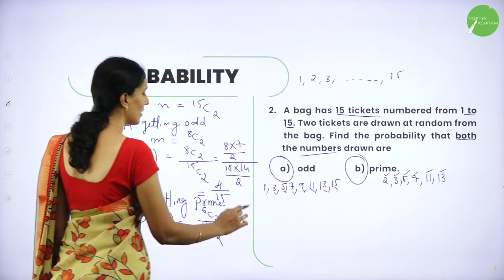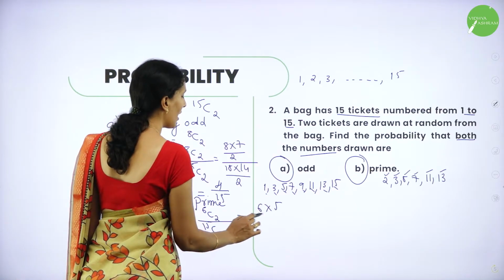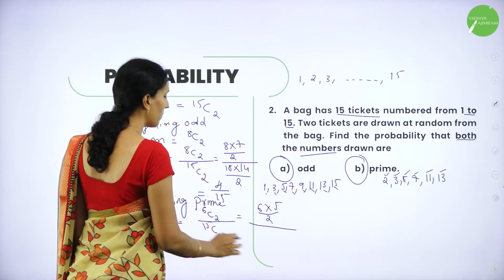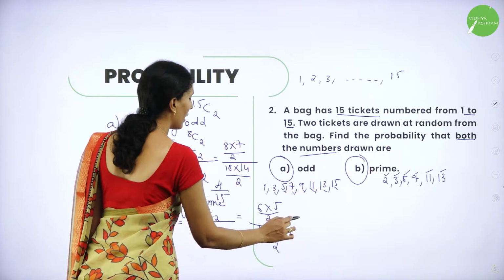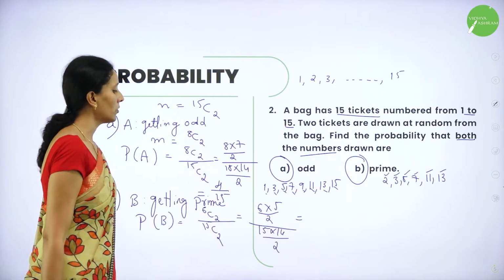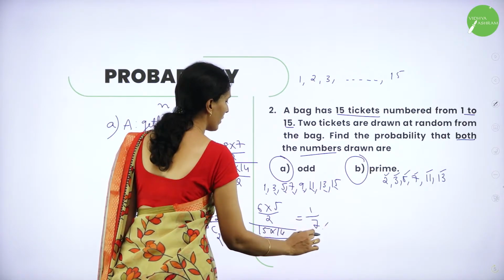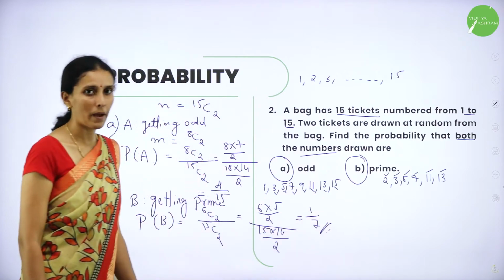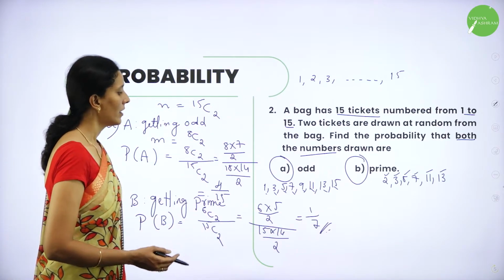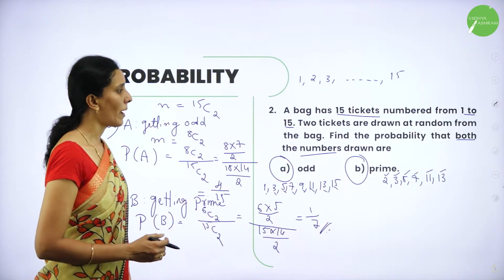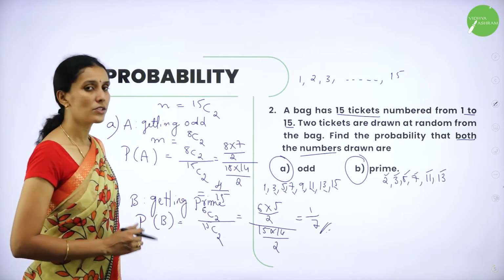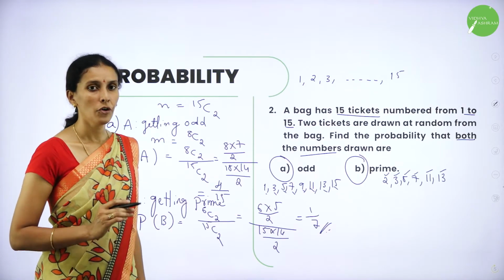So what is 6C2? 6 into 5 divided by 2, whole divided by 15C2, which is 15 into 14 divided by 2, which is equal to 1 divided by 7. So this is the probability of getting a prime number, and 4 by 15 is the probability of getting odd numbers from the numbers 1 to 15.